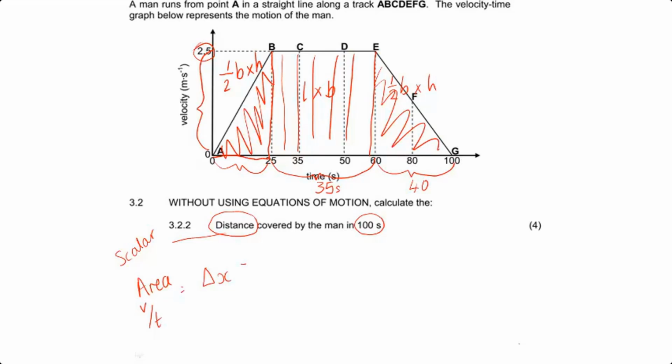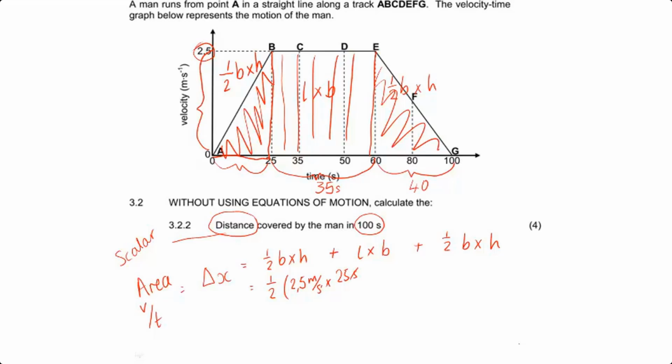So let's write our entire equation. Half base times height for the first triangle plus length times breadth for the middle rectangle plus half base times height for the last triangle. So let's substitute. We've got half. Well, it really doesn't matter which one we write first. Let's write 2,5 meters per second times height, which is 25 seconds.